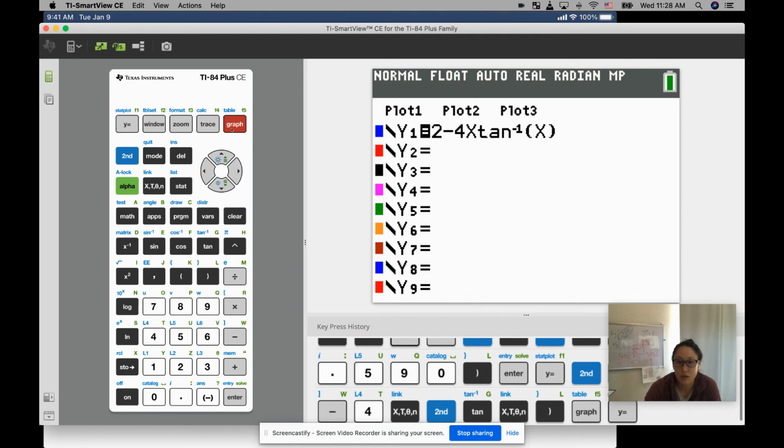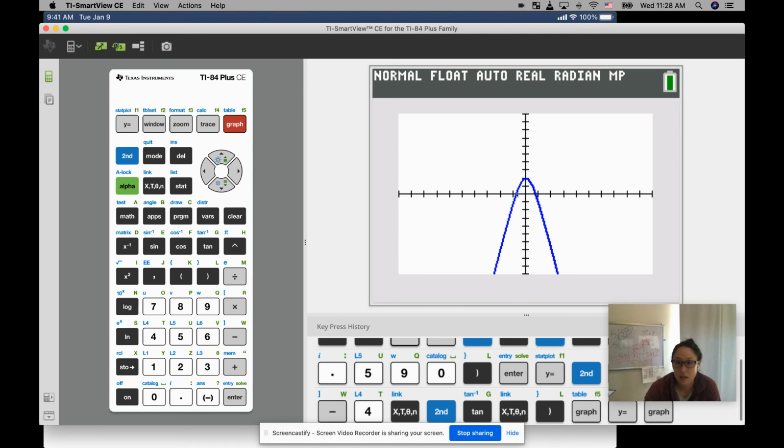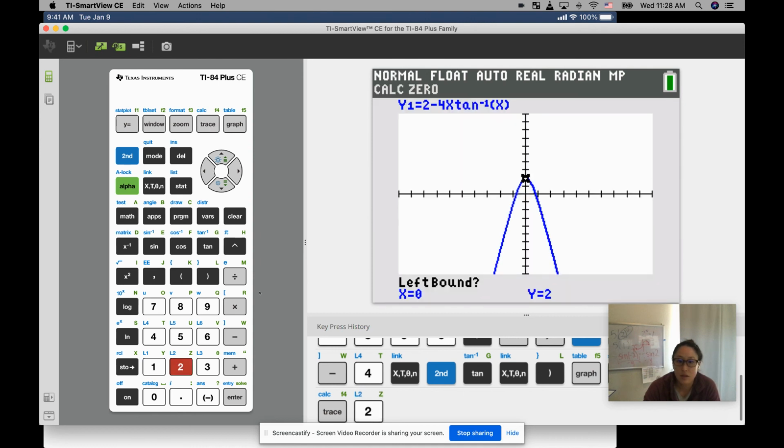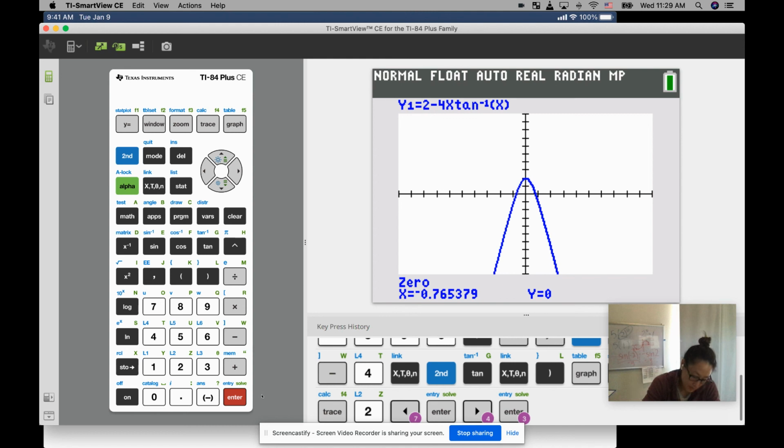So we graph this, and I wanted to get my zeros, so I used my second calc feature, and I go ahead and use the 0 feature. So left bound, right bound. So left of the 0, right of the 0, guess, enter. The 0 is x is equal to -0.765.